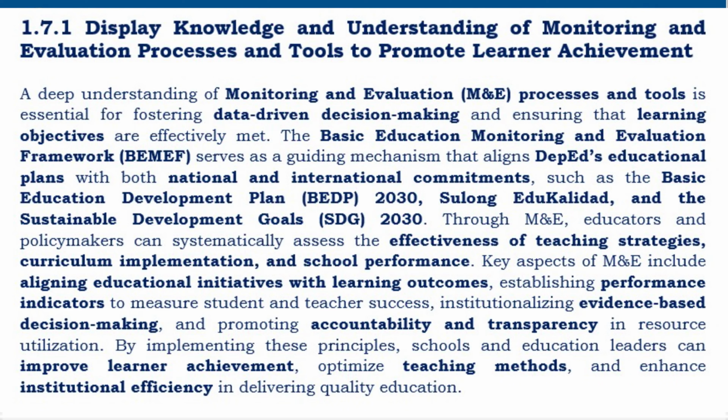Goals, SDG, 2030. Through M&E, educators and policymakers can systematically assess the effectiveness of teaching strategies, curriculum implementation, and school performance. Key aspects of M&E include aligning educational initiatives with learning outcomes, establishing performance indicators to measure student and teacher success, institutionalizing evidence-based decision-making, and promoting accountability and transparency in resource utilization.